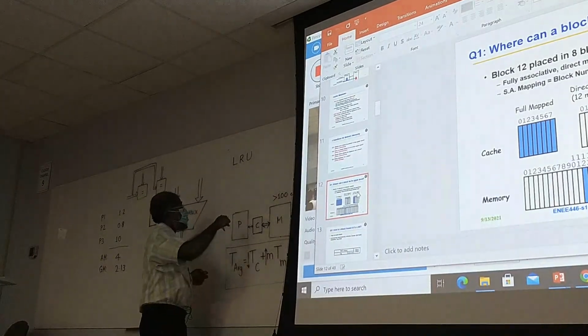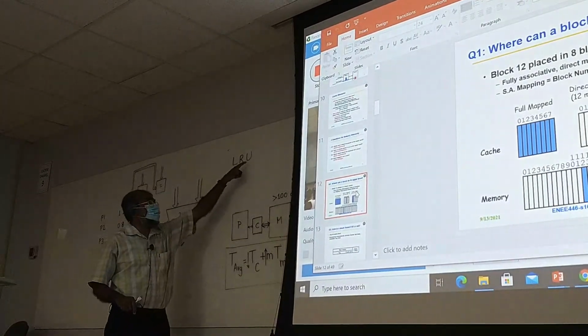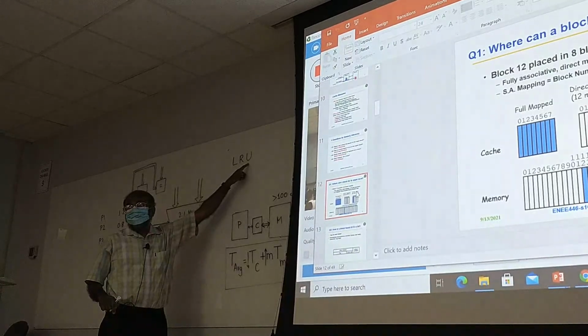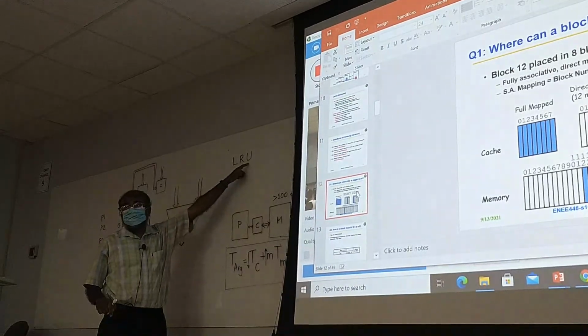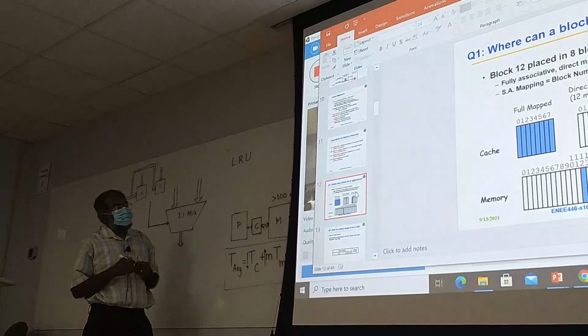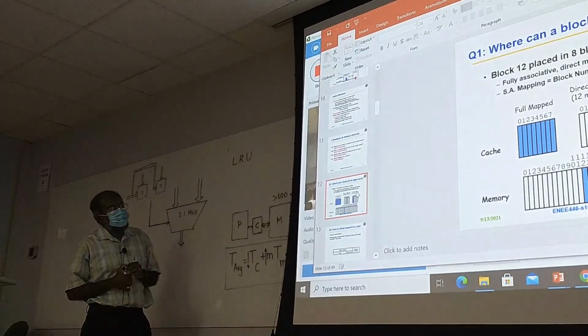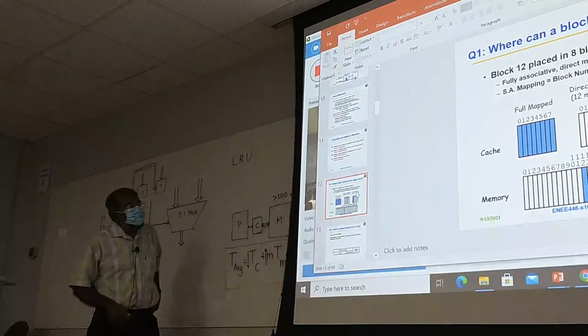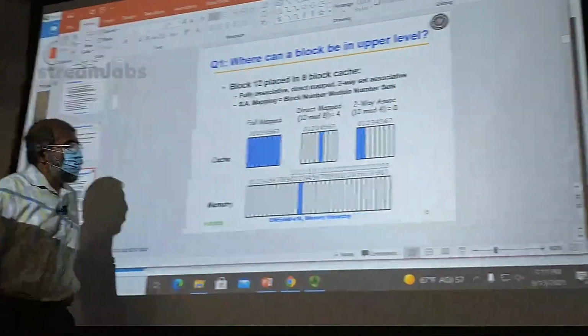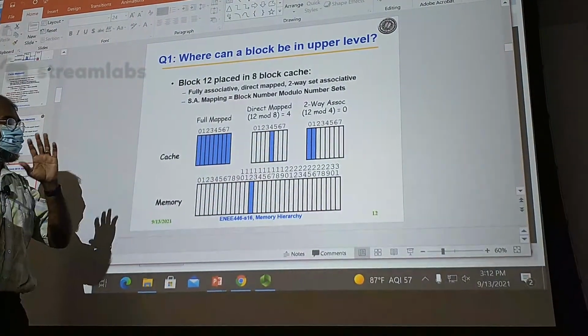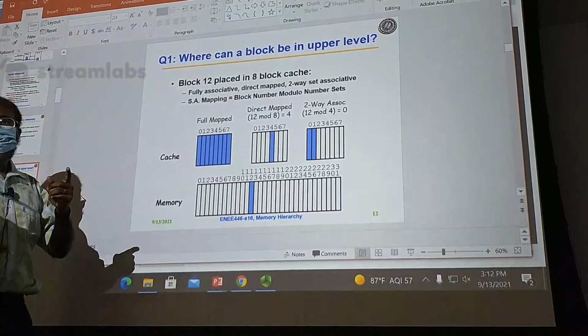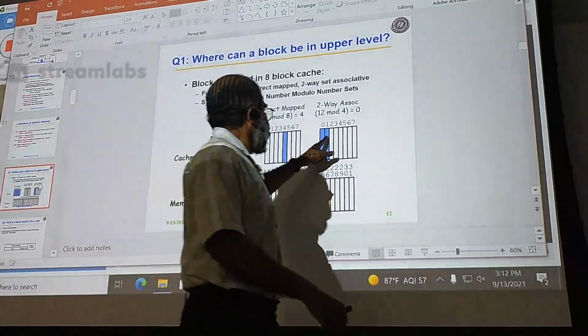So you replace the least recently used one. That's the LRU one. Now the LRU means you have to keep additional information about usage, like the order in which they were accessed.